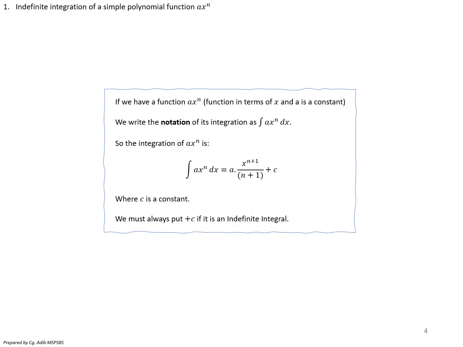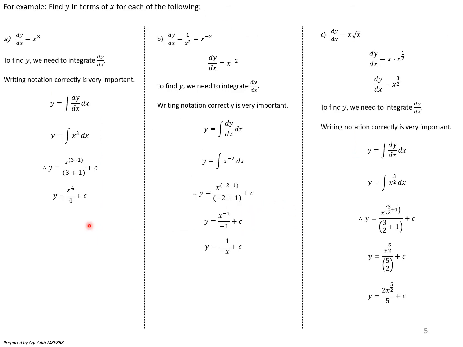Right? So here are a few straightforward examples that you can follow. So if you look at the first one, dy over dx equals x to the power of 3. So the question asks you to find y. You know that if you differentiate y, you will get dy over dx. So the opposite way is, if you integrate dy over dx, you will get your y. So writing the notation correctly is very important.